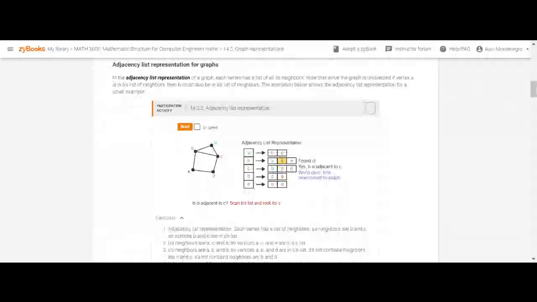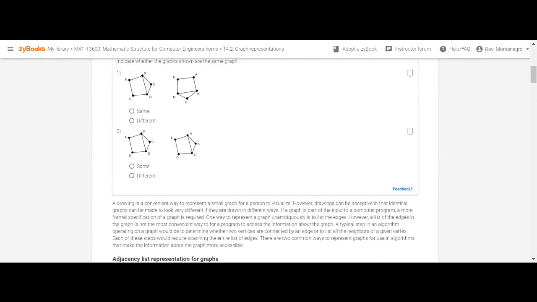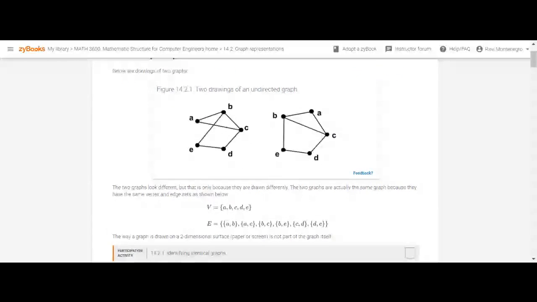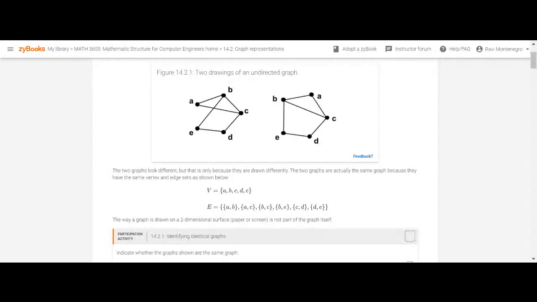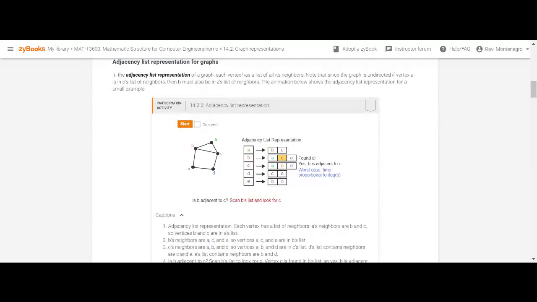So let's suppose I have a graph. We've learned that we can represent the graph in two ways. One, you draw it. Two, you list all the edges. Well, there are lots of other ways to represent graphs. One of them that we will not use in this class is the adjacency list.